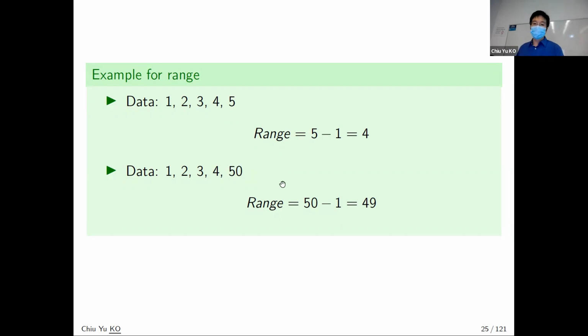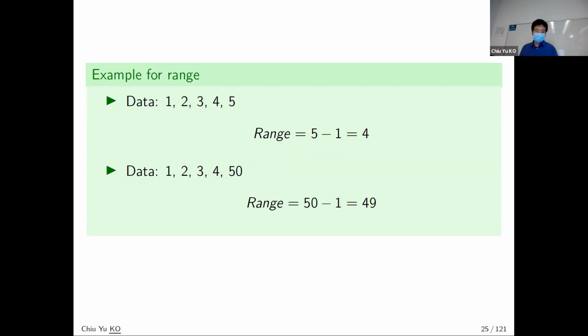I'm not going to talk about this here, but when you have an outlier, winsorizing or trimming can help you solve this problem, okay? So this range is easy. I don't think I need to go more on that, okay? Should not be an issue, right?